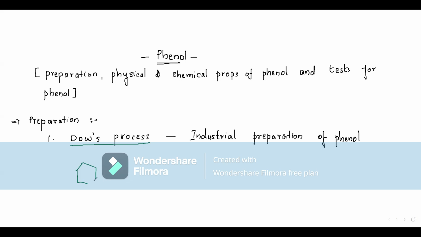So, chlorobenzene, when you treat this with NaOH solution at high temperature, around 623 Kelvin and 320 atmospheres of pressure, you will be getting sodium phenoxide, benzene ring with ONa.